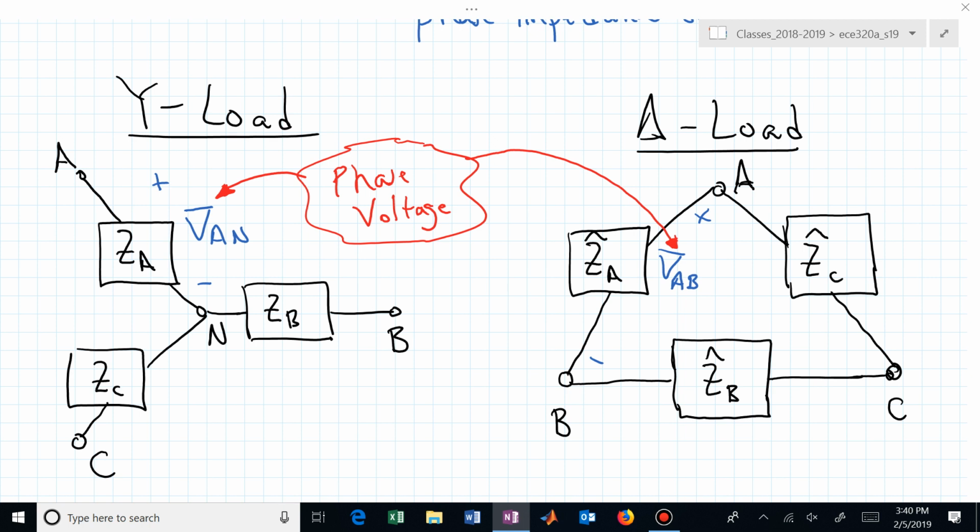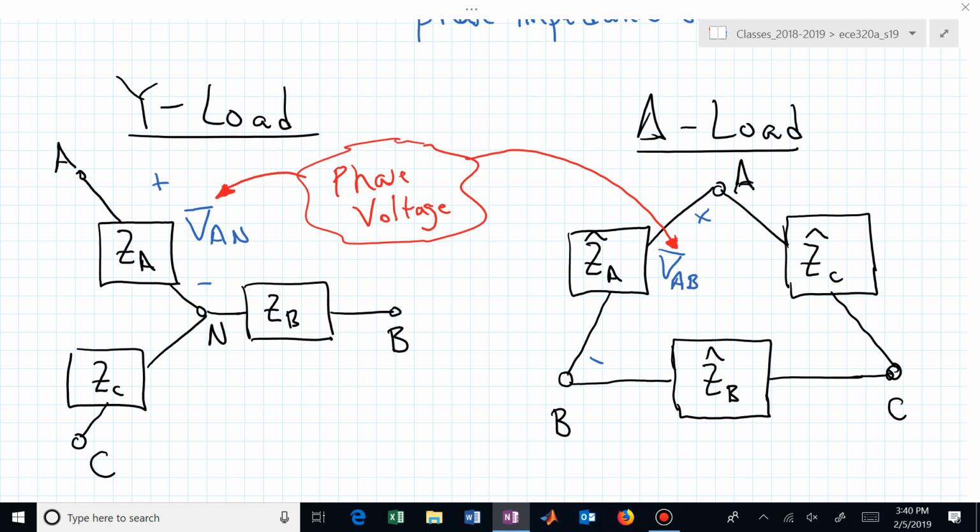And Z sub C hat is not the same as Z sub C. They may be related depending on if they're balanced or not. But here I'm simply saying, if that's my A terminal, I'm going to say that the voltage from A to B is my A phase voltage, with the A terminal being the positively labeled terminal relative to the B terminal.